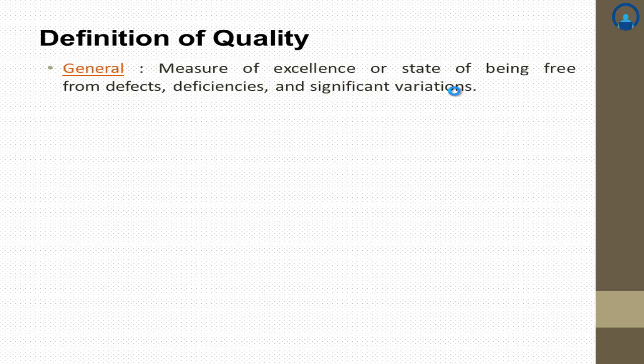So for example, if you buy a pen, a normal pen for say 10 rupees, what is the basic purpose? It should be able to write in whatever color ink it is filled with. So if the pen is not writing, though how much beautiful it can be, or it can be very aesthetic, but at the same time, if it is not serving the purpose of writing, it is defective, it has deficiency.